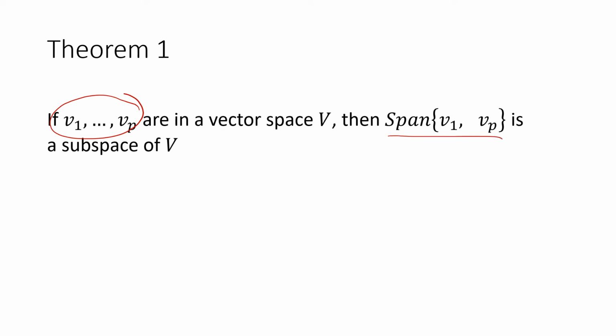Then look at the span of them. That is going to be a subspace. This is a common way of building a subspace. You pick a few elements out, you look at all of the possible linear combinations. That is a subspace. And just to clarify, this should be everything V1 to Vp, so the span of that entire set.